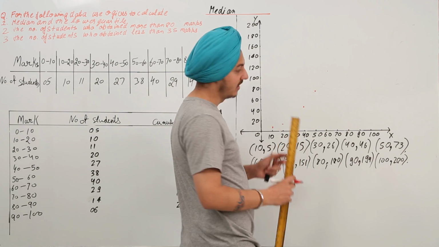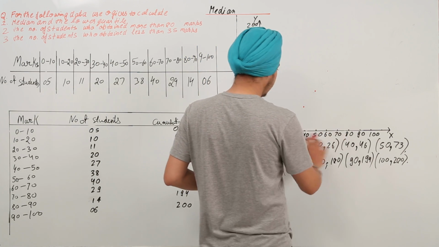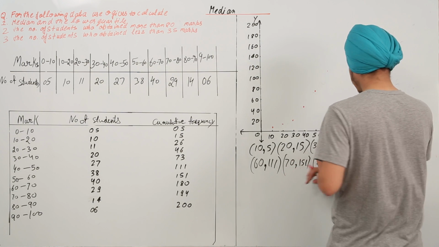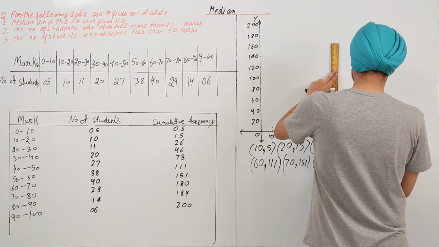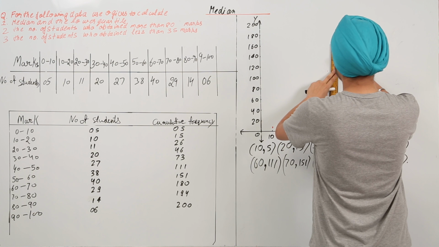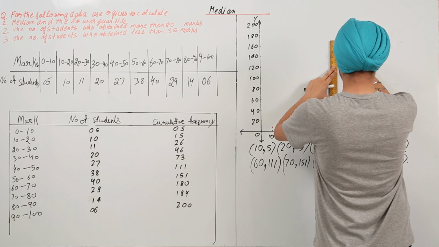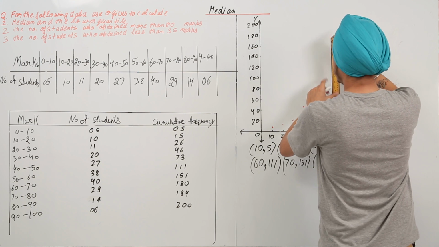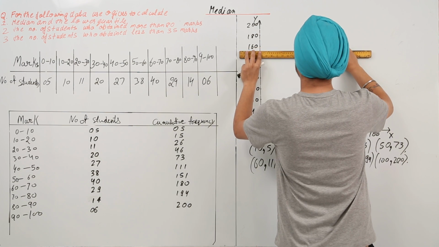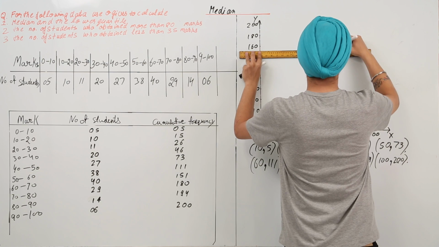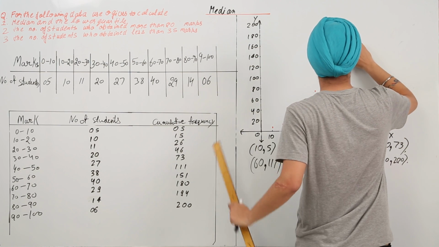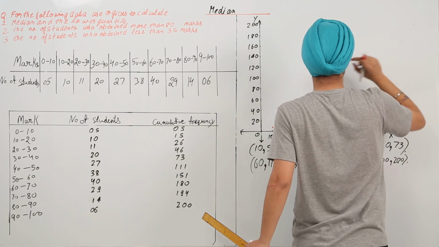Now again guys, it is very difficult to make an accurate graph over here, so I am trying my level best. So this would be 70. This is the line for 70, and 151 would be right in the middle of this. So this point would be 70 comma 151. Okay.